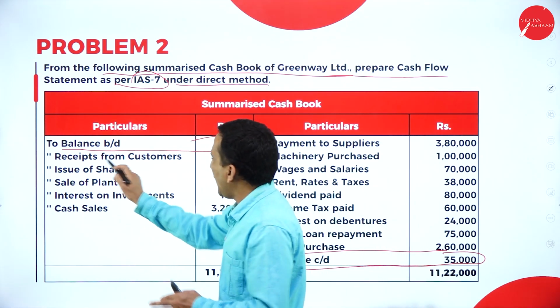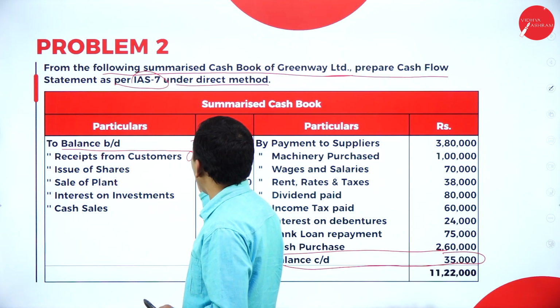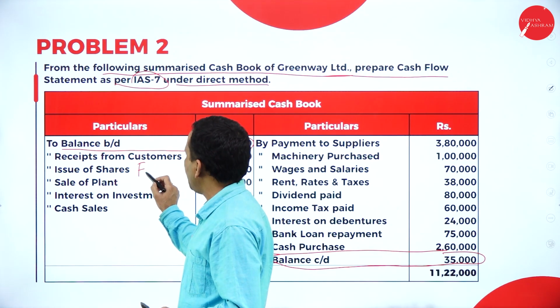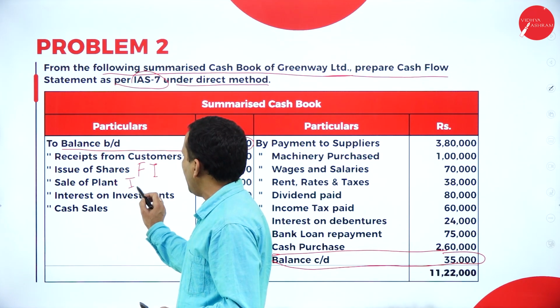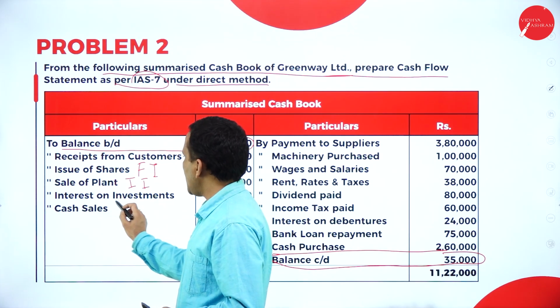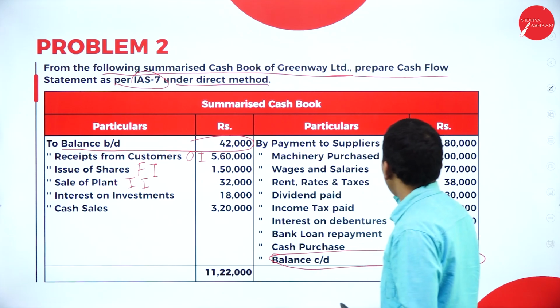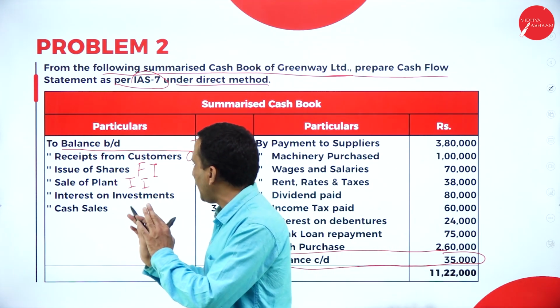Receipt from customers comes under operating inflow, issue of shares under financial activity inflow, sale of plant under investment inflow, then interest on investment, cash sales, and payment to suppliers, machinery. So what and all items we need to identify properly.